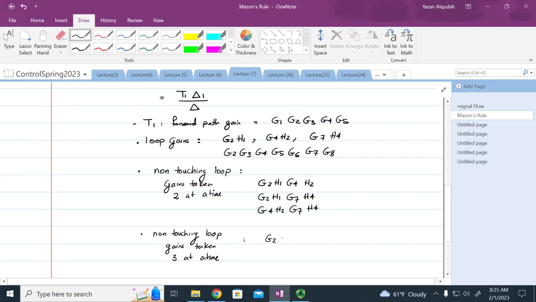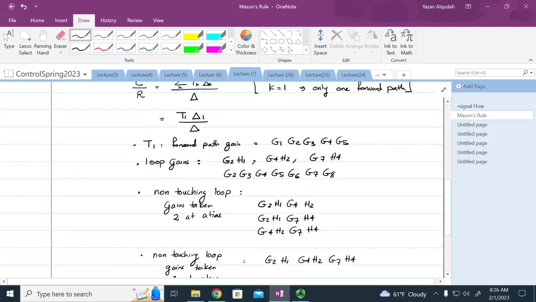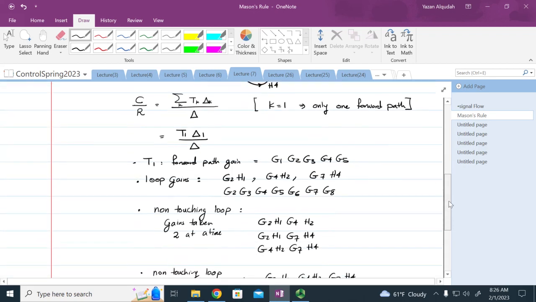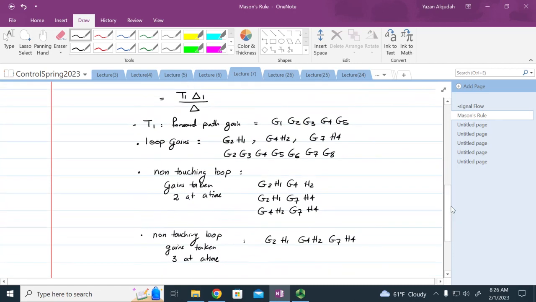So we're going to have G2, H1, G4, H2, and G7, H4 together. So three loops, they're all non-touching, we can multiply them together. Then we're going to go back to our Mason's rule and fill in the formula with all the information that we got here.